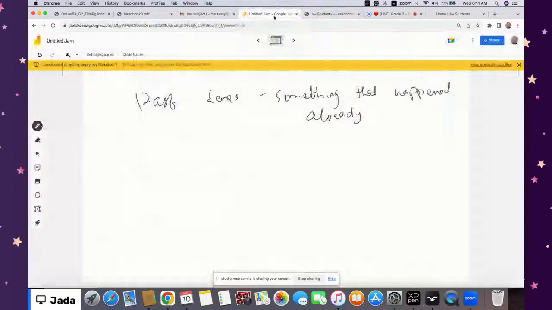So most times the past tense verbs are regular and they end in ed.